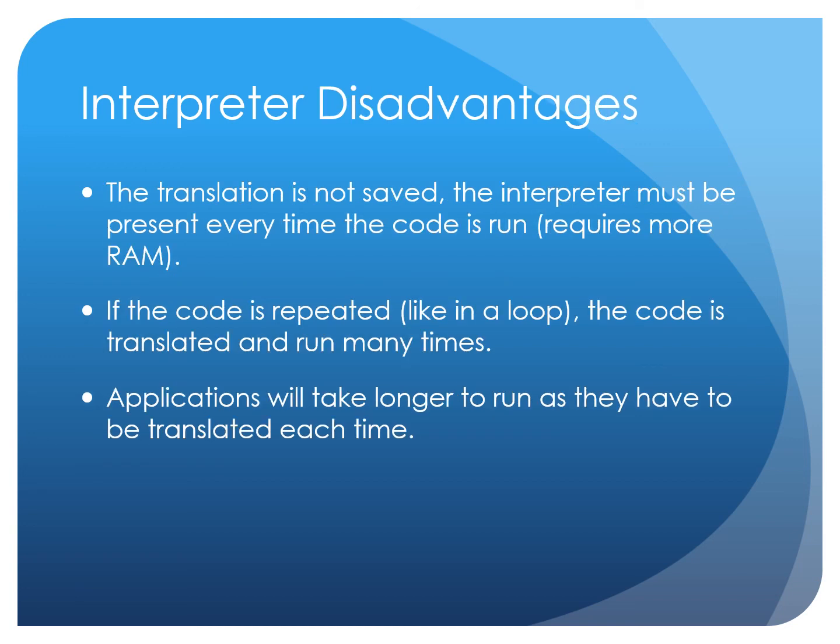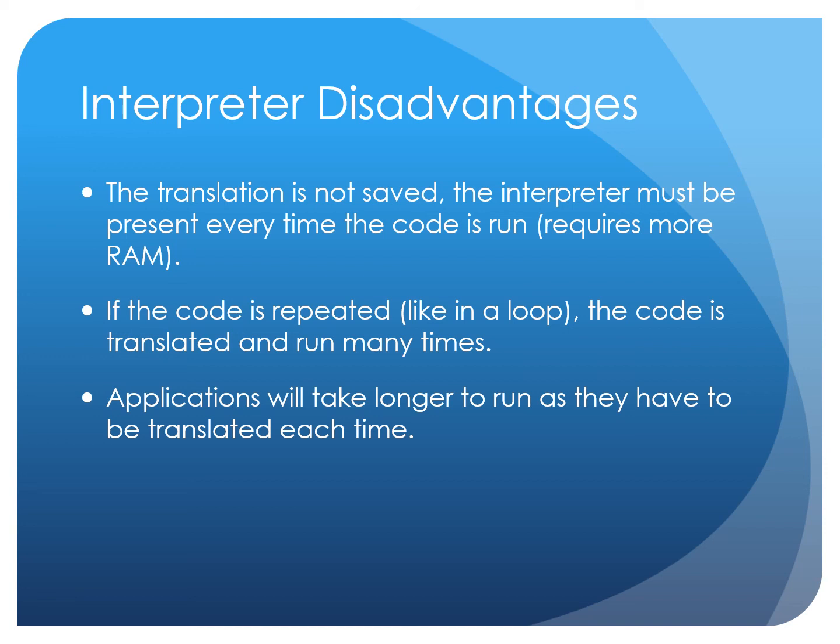Some disadvantages to the interpreter. The translation is not saved, as with the compiler. The interpreter must be present every time the code is run. This means that the interpreter must reside in active memory. It takes up more RAM.